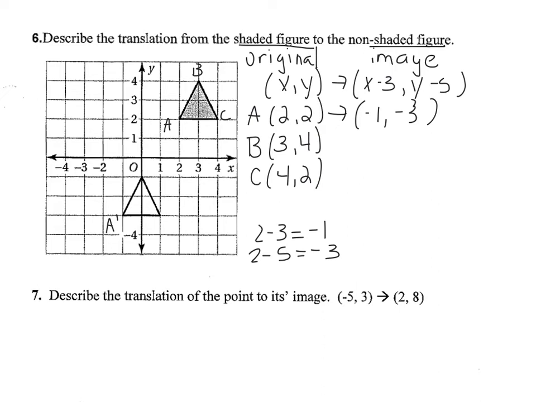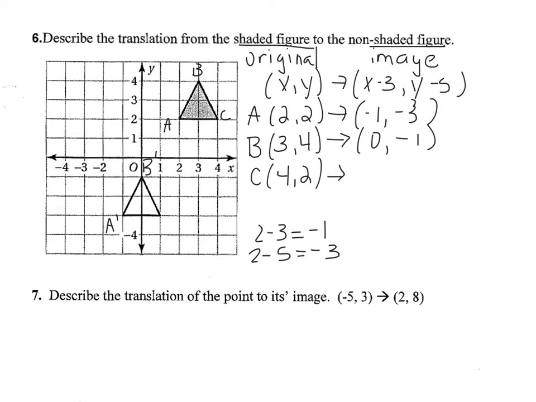So you're simply going to be adding or subtracting the integers to find the ordered pair for your image. So now if I look at B, I can simply say 3 minus 3 is 0. And for the y value, 4 minus 5 is -1. So my new ordered pair for B prime, or for the image, is 0, -1.